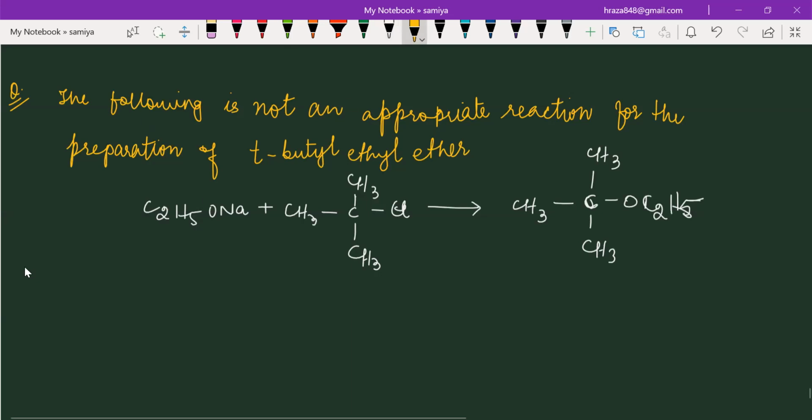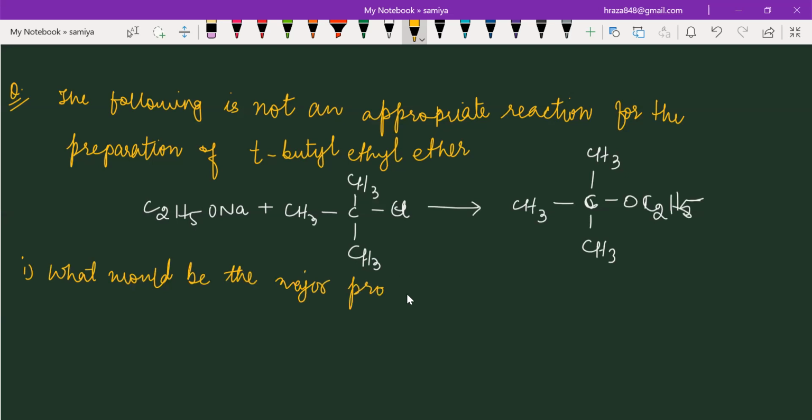The first question is basically: what would be the major product of this reaction?